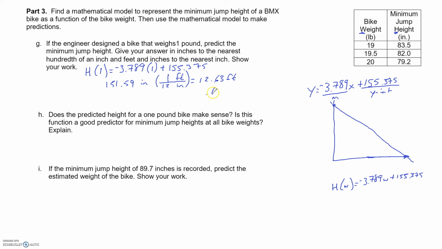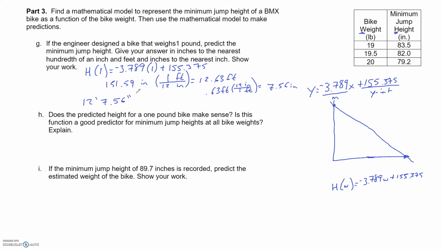And if we have 0.63 feet, we have feet. We want inches. There's 12 inches in every 1 foot. We'll multiply the 0.63 times 12. Is 7.56 inches. So this is 12 feet 7.56 inches.